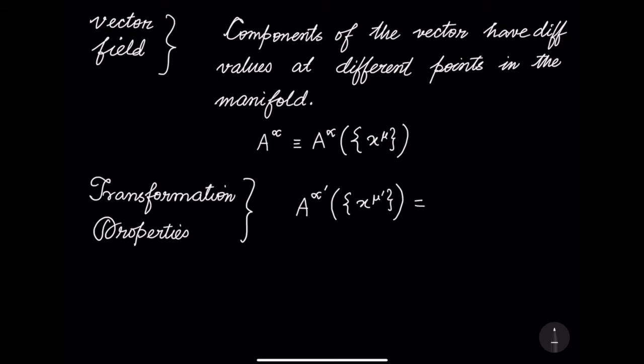This will be related to A alpha in the following way. So this is the coordinates of one reference frame, this is the coordinates of the other reference frame, and the values of the vectors or the functions are functions of that reference frame.